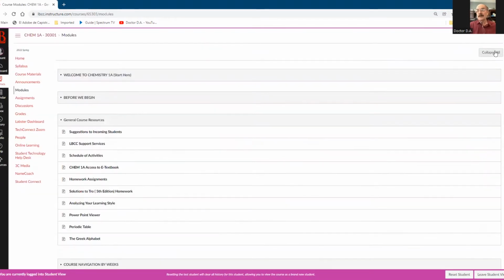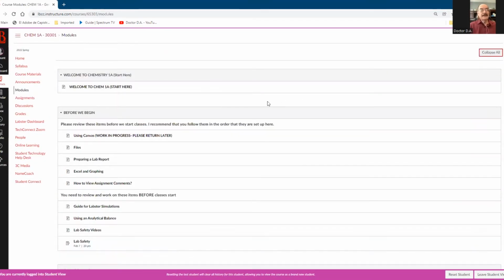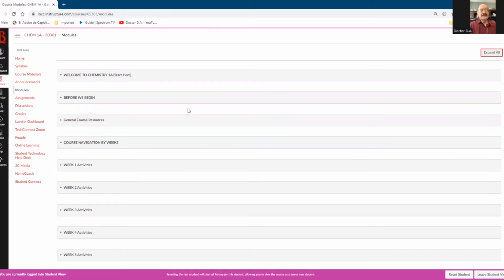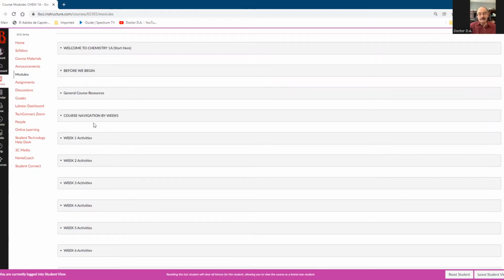And I'm going to help you out here. I'm going to collapse everything here. So we're going to be starting essentially by looking at the top sections here. Each one of these bars represents a module or a section in the course, okay? I'm going to talk in this section about the before we begin and the general course resources ones. But if you look here, I have the course organized into two big blocks of modules.